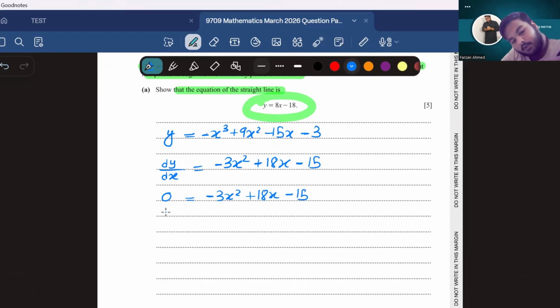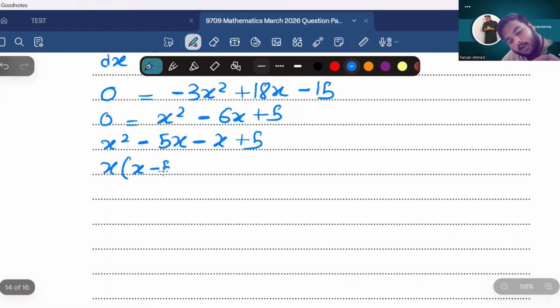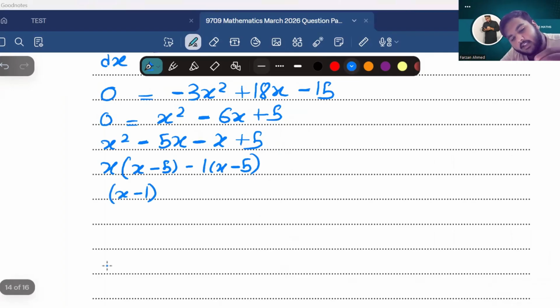So this will be 0 is equal to x square minus 6x plus 5. So x square minus 5x minus x plus 5, x into the common bracket x minus 5 minus 1 bracket x minus 5. So x minus 1 and x minus 5.